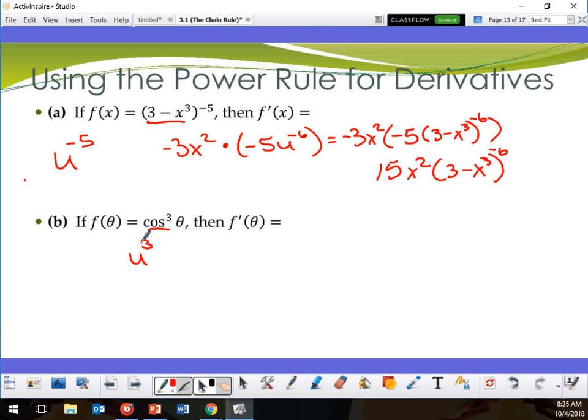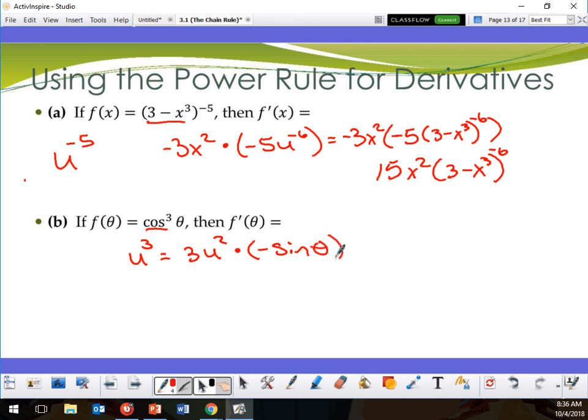Okay, so take the derivative of that. What's the derivative of that? 3u squared times. Now, what's the derivative of cosine? Negative sine, right?